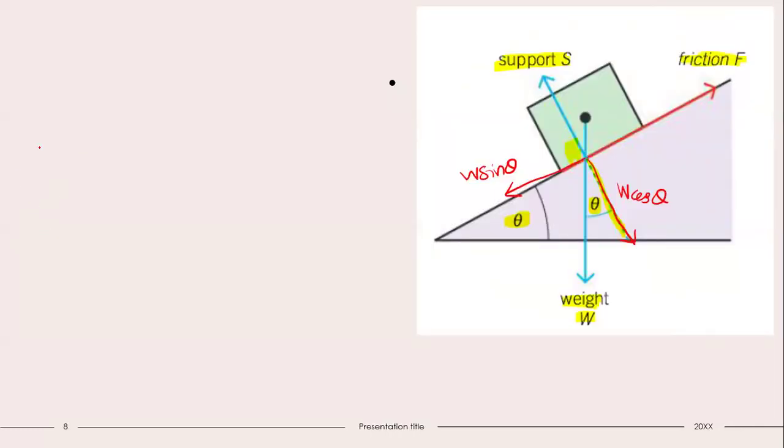So what we can write over here is that the support force would be equal to W cos theta, and then the upward force of friction is equal to the downward component of weight, right? So these two are equal. So we can prove that when they are equal, the object is in static equilibrium.